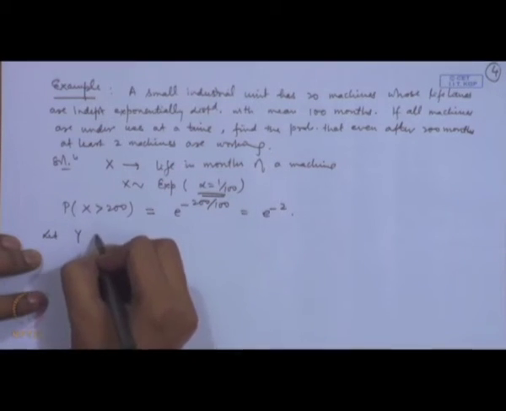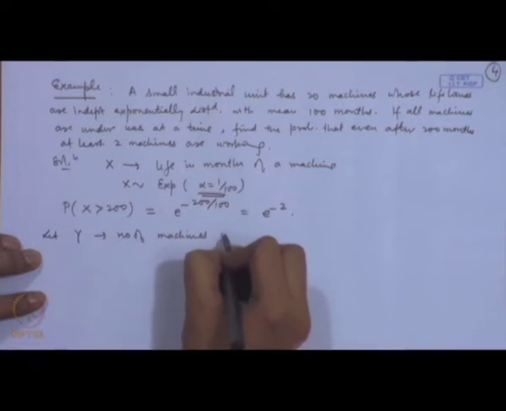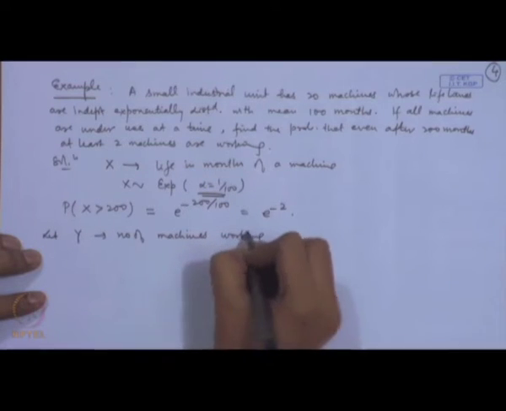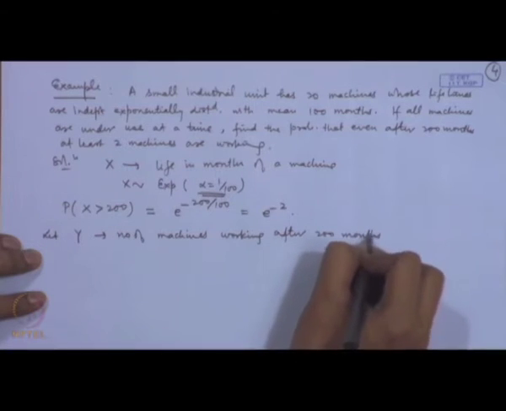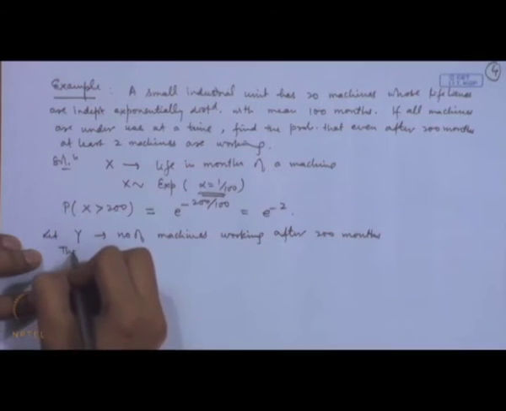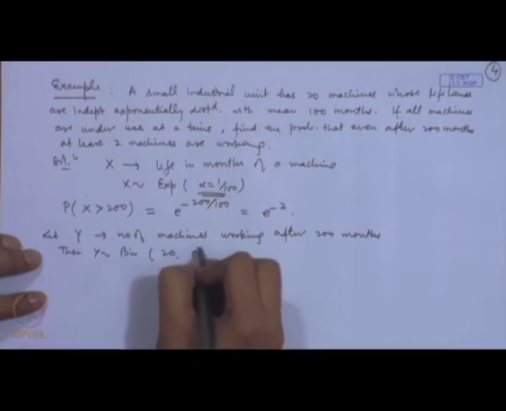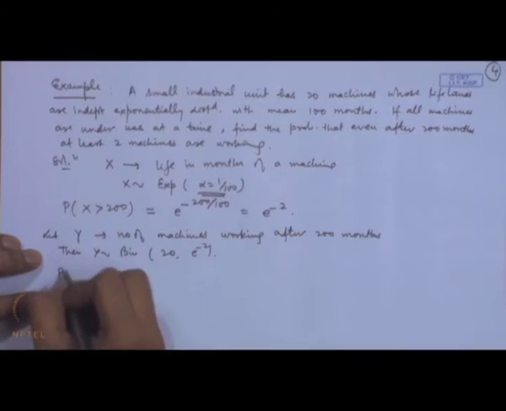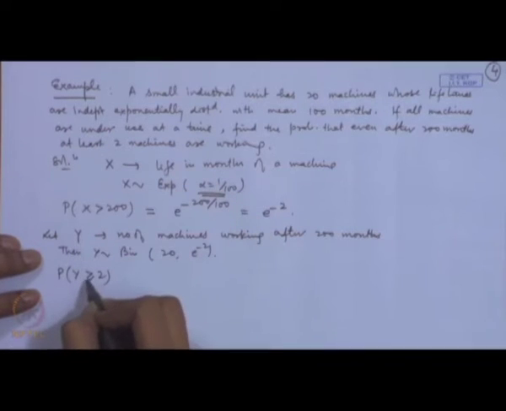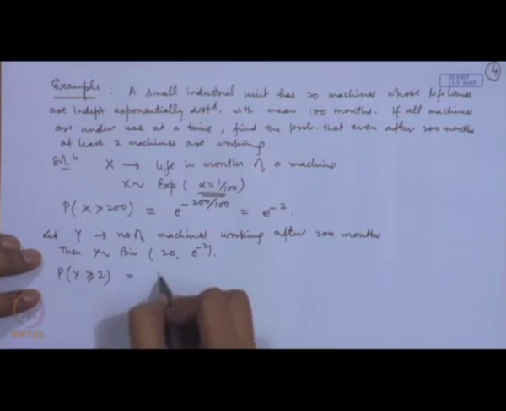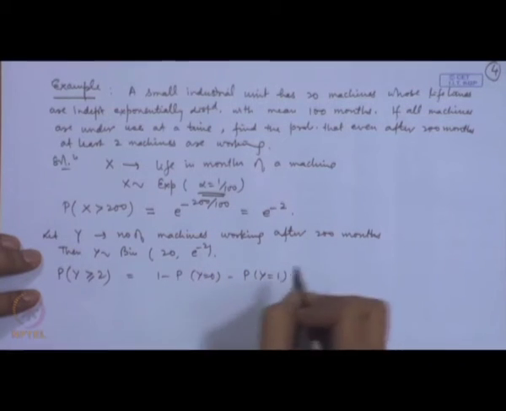Now, let us define another random variable. Y is the number of machines working after 200 months. Then Y will follow binomial 20, e to the power minus 2. We want that at least 2 machines are working. So, probability Y greater than or equal to 2 is equal to 1 minus probability Y is equal to 0 and probability Y is equal to 1.